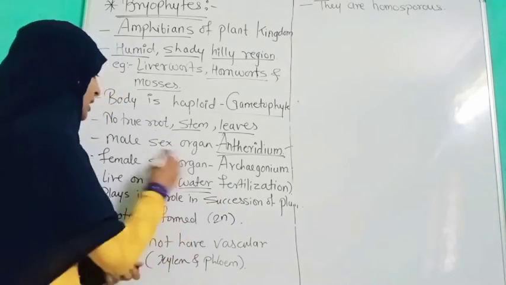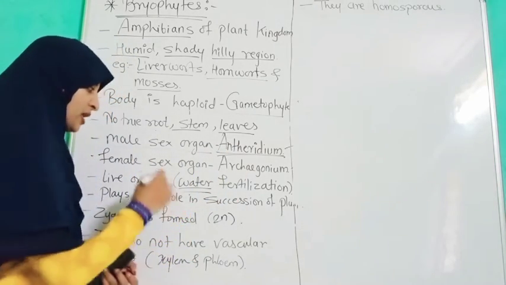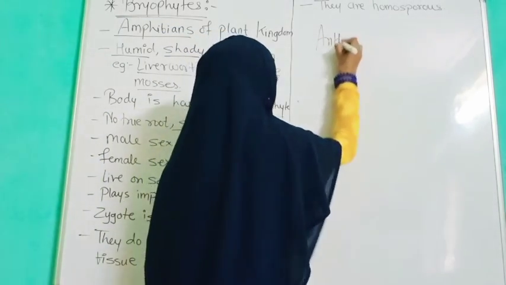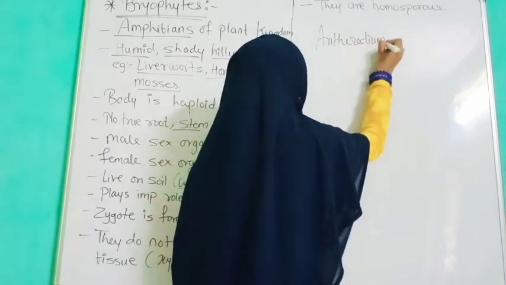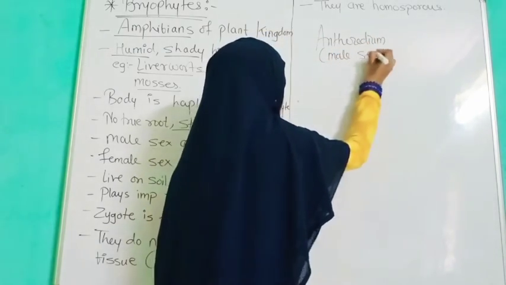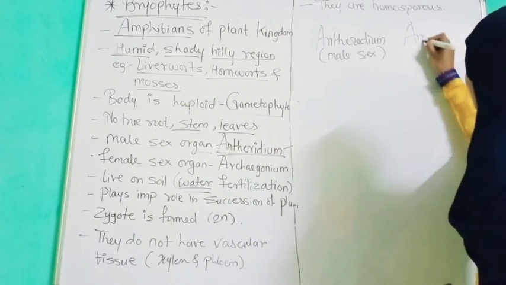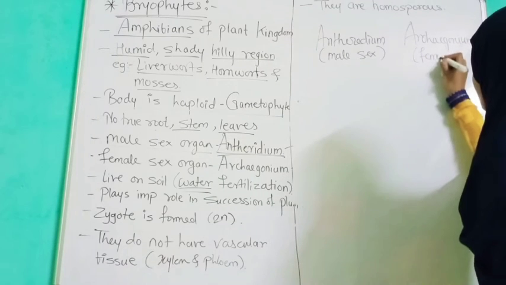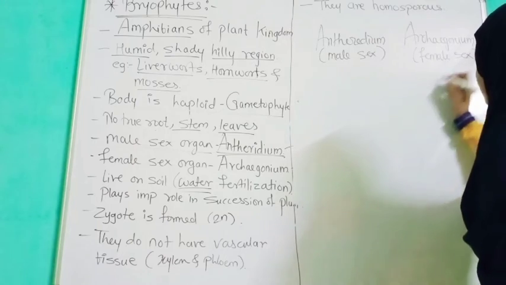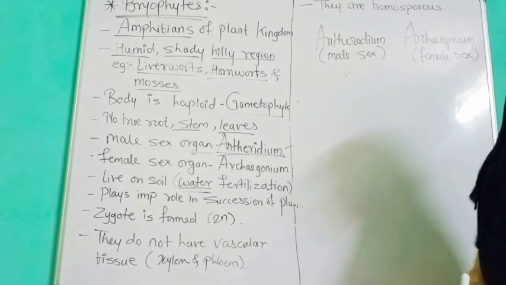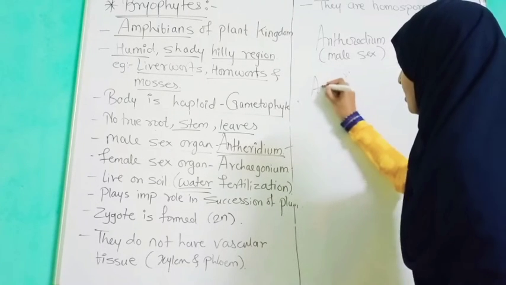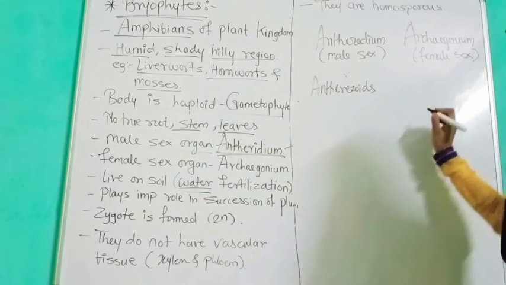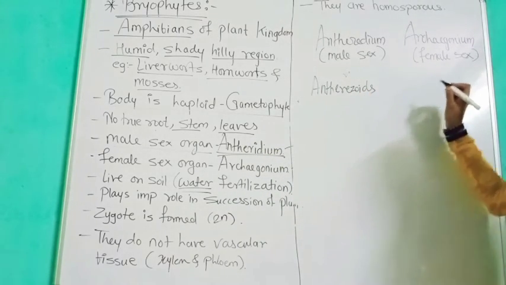As we know, the male sex organ is the antheridium and the female sex organ is the archegonium. The antheridium produces antherozoids, the male gamete, and the archegonium produces an egg cell.